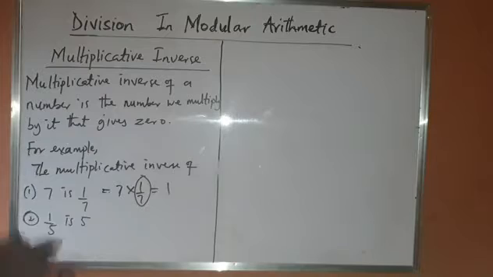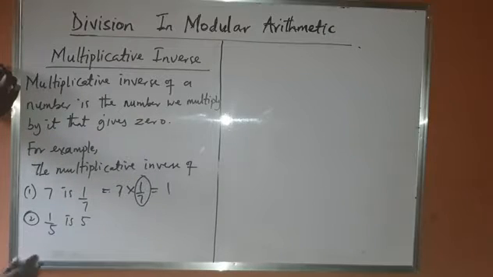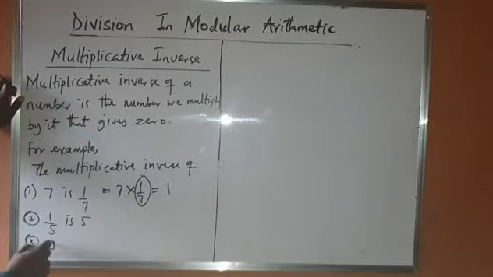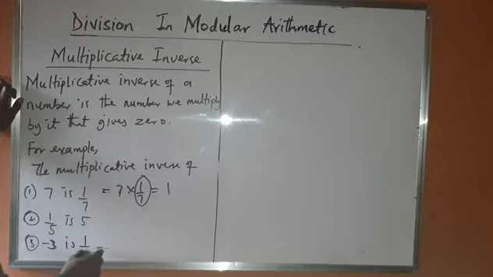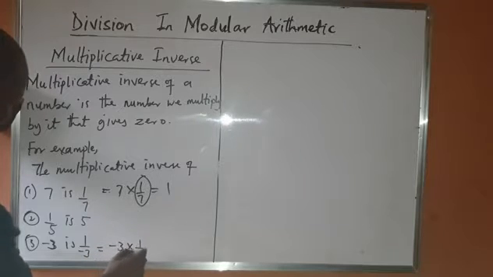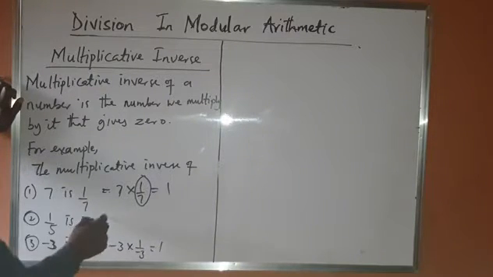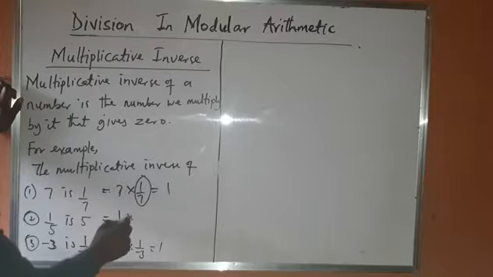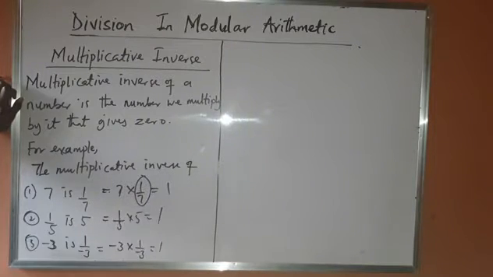You just reverse whatever you have. Another one: if you have minus 3, the multiplicative inverse of minus 3 is 1 over minus 3, because when you multiply minus 3 by 1 over minus 3, you get 1. And the same thing with this one: 1 over 5 multiplied by 5 will give us 1 as well. So that is the multiplicative inverse.